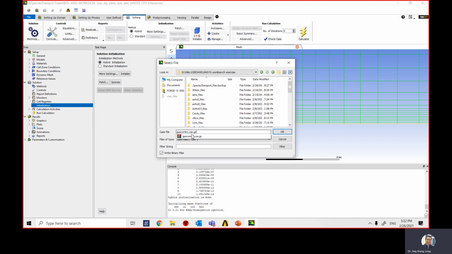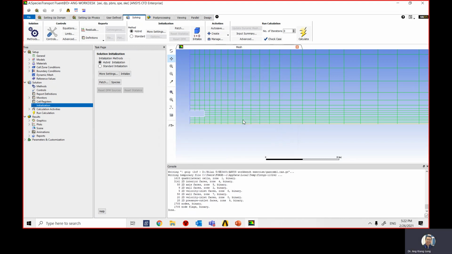Again, .cas.gz. The term .gz means you ask the computer to compress the data for you. Without .gz, you will have the raw file, and sometimes it will be very big. So it's always recommended to use .gz in your simulation. This is the first case. We'll include everything in the combustion. Then click OK.